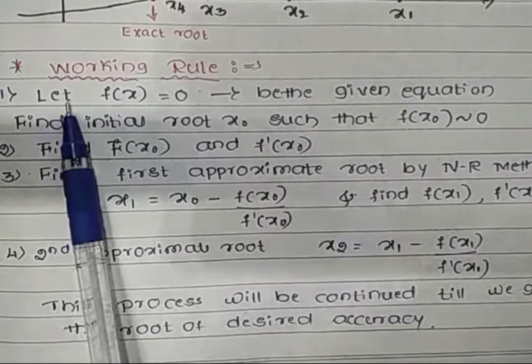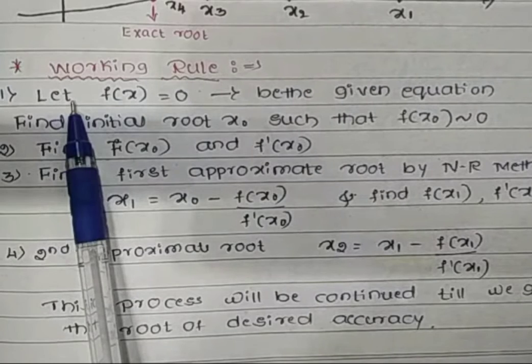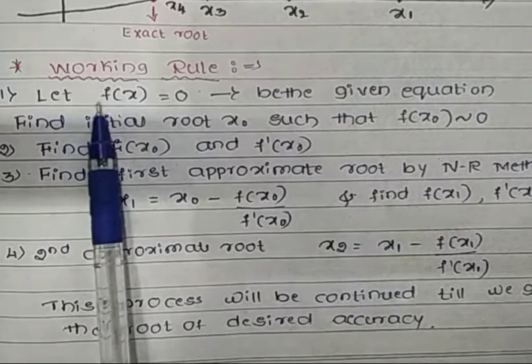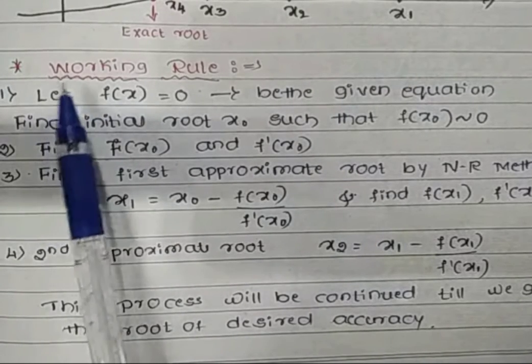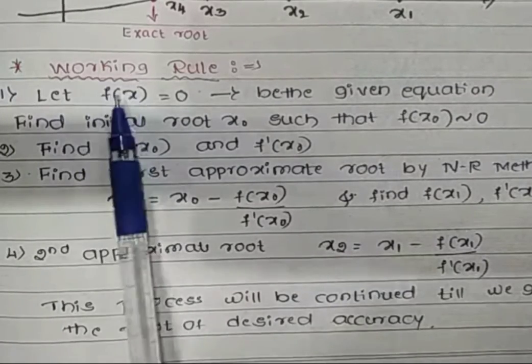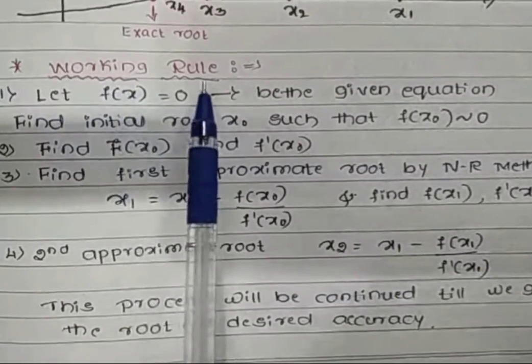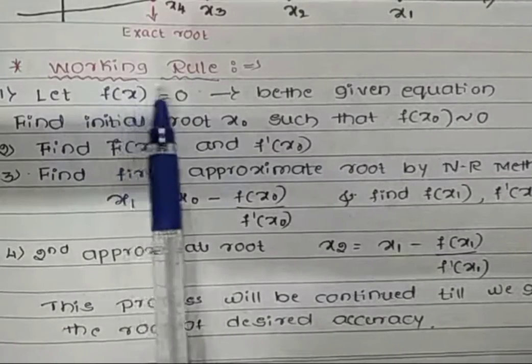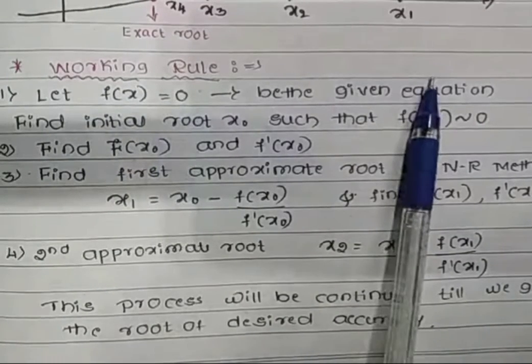See, the first step is similar to your previous methods, that is, we have to consider the given equation, f of x is equal to 0, as it is. So let f of x is equal to 0 be the given equation.